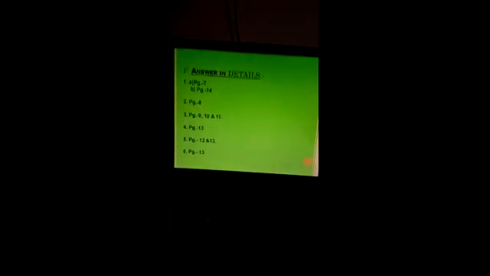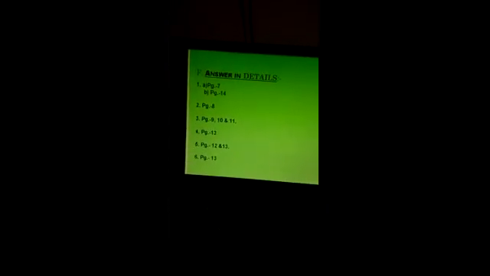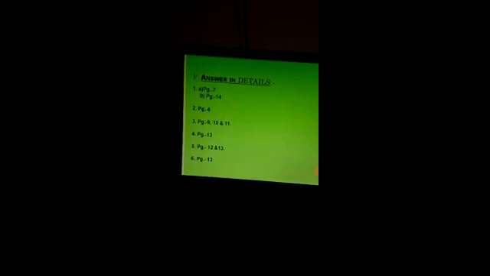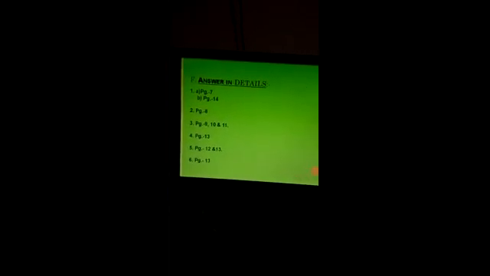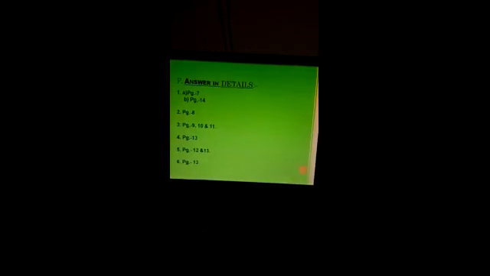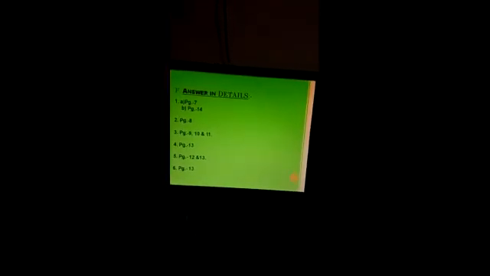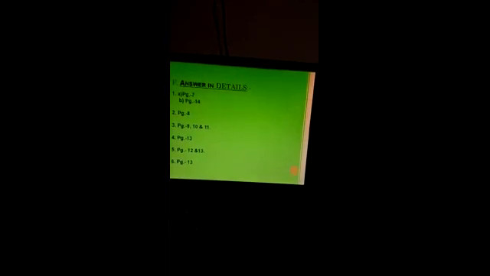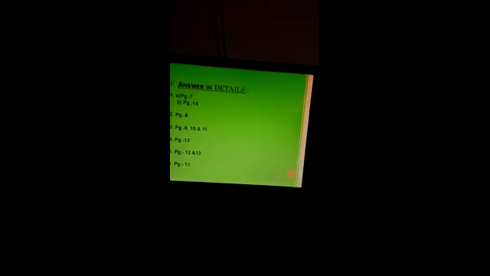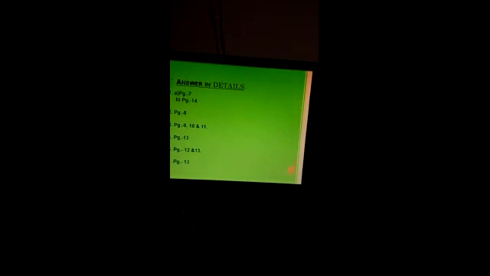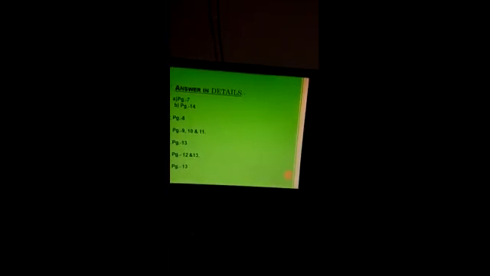Now, question number 2. Describe with the help of a labelled diagram the process of photosynthesis in plants. Move to the page number 8. Left hand side, under the topic autotrophic nutrition in plants. Photosynthesis is the process by which green plants prepare their own food from carbon dioxide and water in presence of sunlight and chlorophyll.